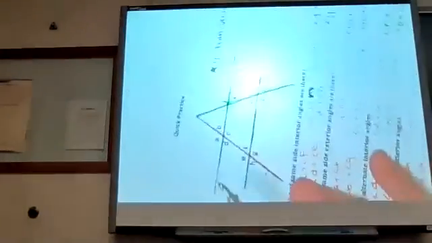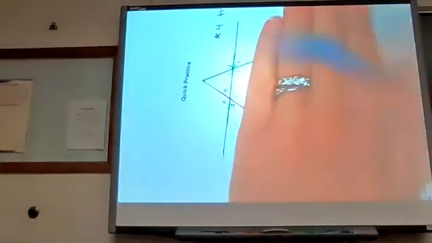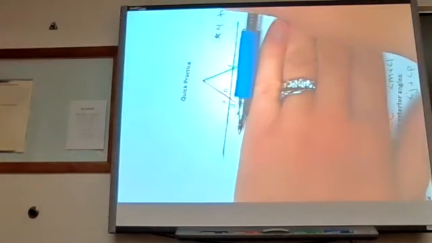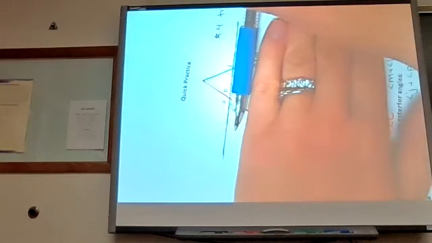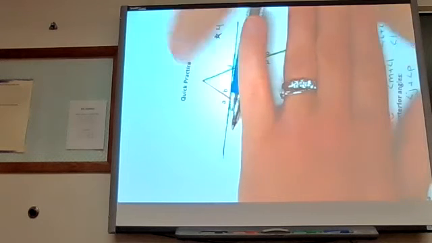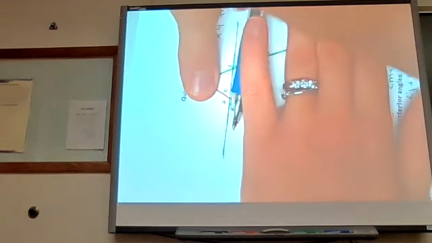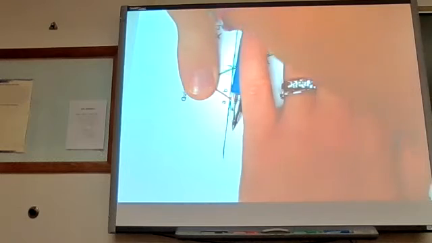Flipping my page, blue transversal. Let's look at just this side. What's one corresponding angle pair? You can cover up this side too if it helps you. What would J be corresponding with there? J and B, or A and I?